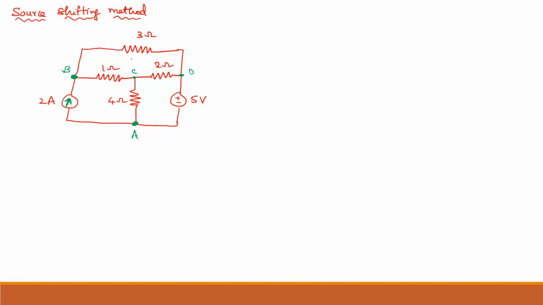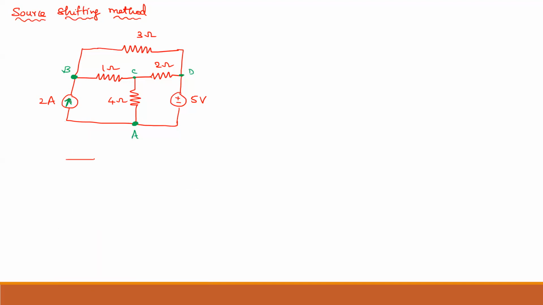Which junction would you prefer to reach point B? Obviously, sir, A to C and C to B is the shortest path. Is it clear? So now, same circuit I will draw here. Current source, I am not going to draw that.